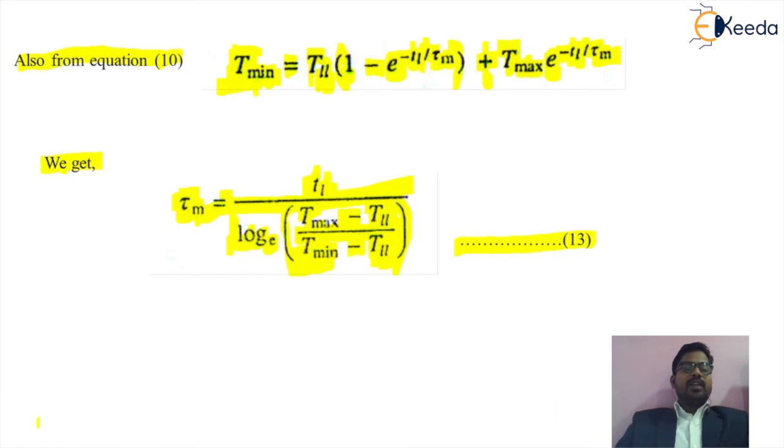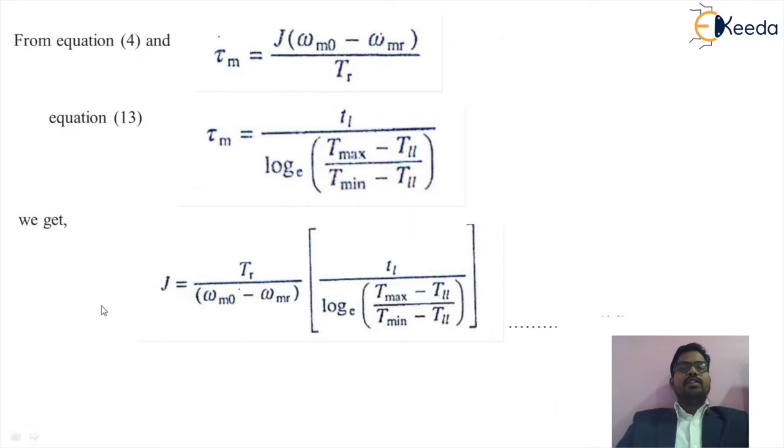Okay, from equation number 13, now we move towards a very important equation, the final equation for J, the polar moment of inertia. The final equation we get from equation number 4. What is equation number 4? This is the value of the motor time constant: tau is equal to J times (omega m0, the no load speed, minus omega mr, the rated speed) divided by the rated value of torque.